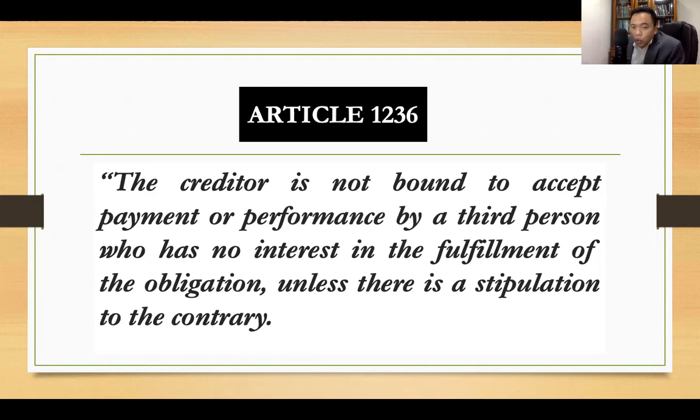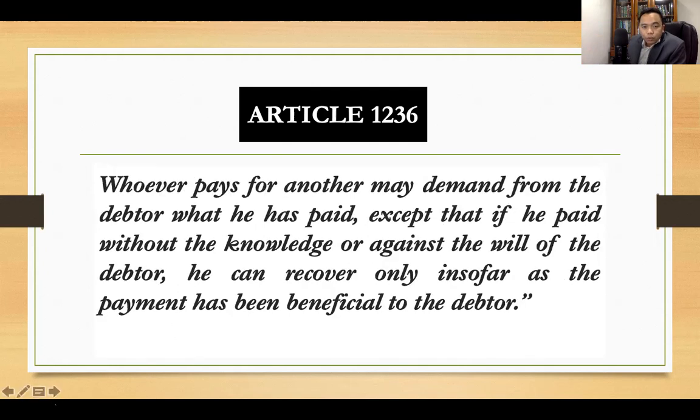Answer, no. The creditor is not bound to accept payment or performance by a third person who has no interest in the fulfillment of the obligation unless there is a contrary stipulation. Take note of Article 1236.